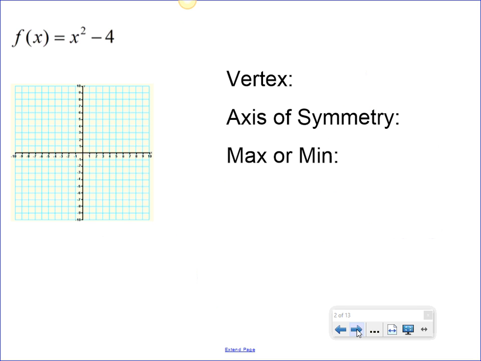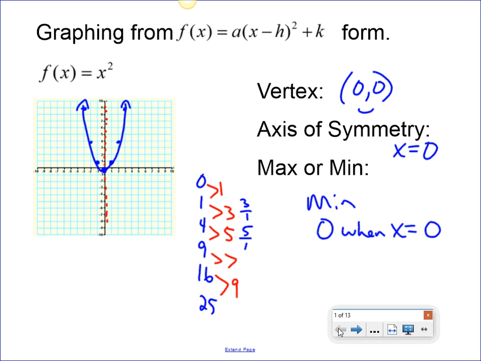Okay, this next one, x squared minus 4. So again, if we look at this k, we should remember it moves the graph up or down. The h is a left or right shift.